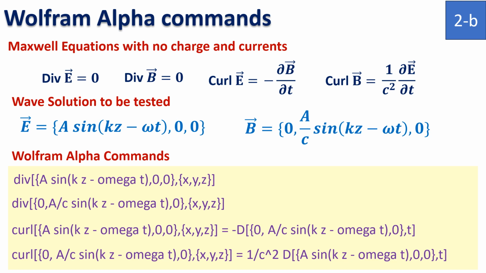Here, one important thing to note is the space between two variables is interpreted as multiplication. One can of course write with star also, but we prefer to write with space as it looks more elegant. These Wolfram Alpha commands are also provided in the description so that you can cut and paste for hands-on practice.